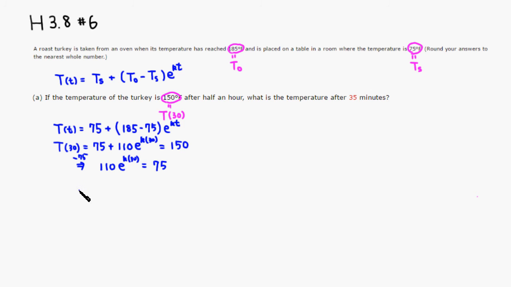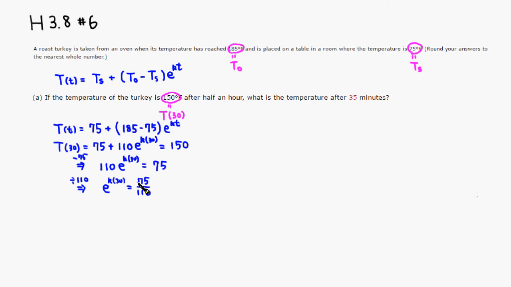Then we can divide through by 110. Then we have e to the k times 30 is equal to 75 divided by 110.